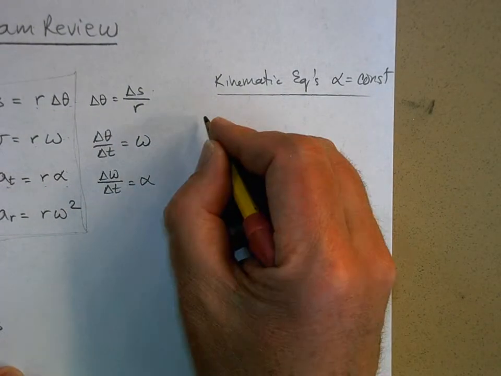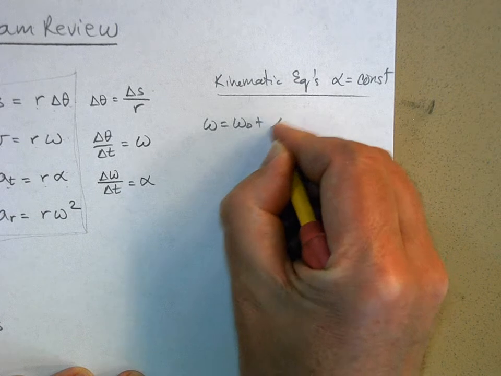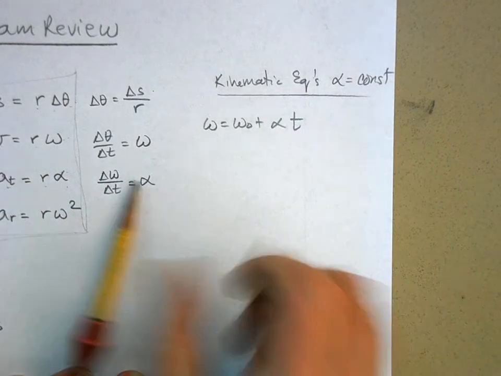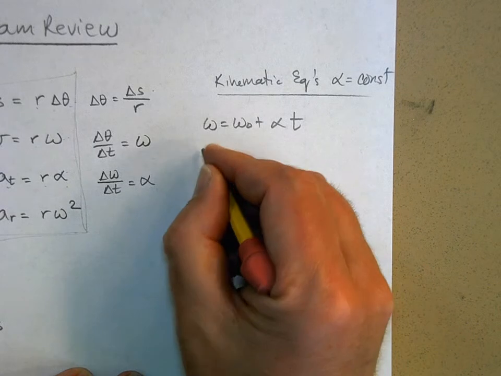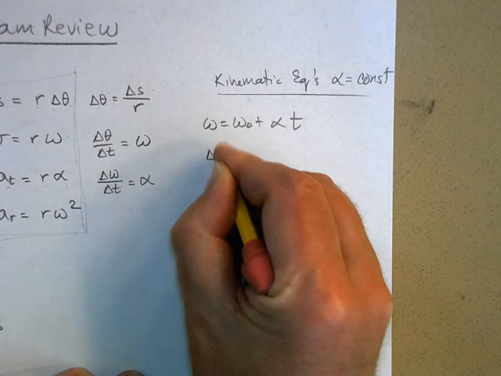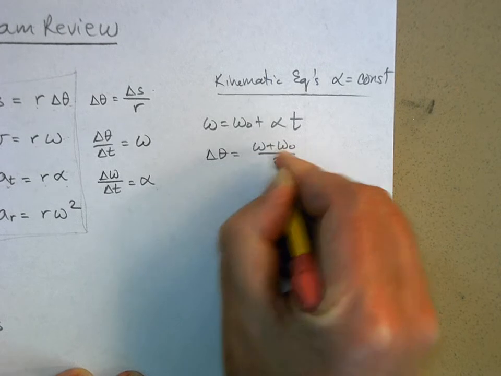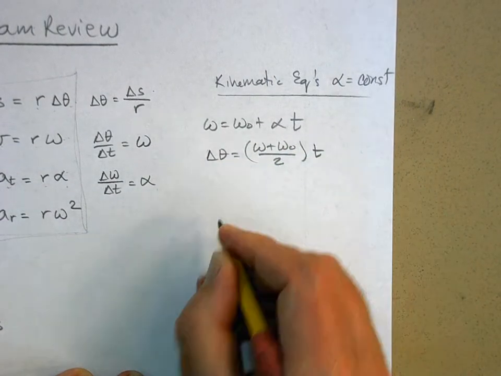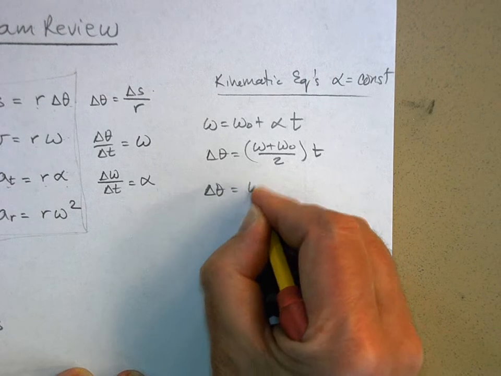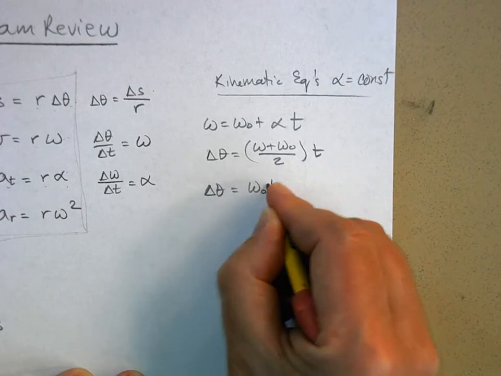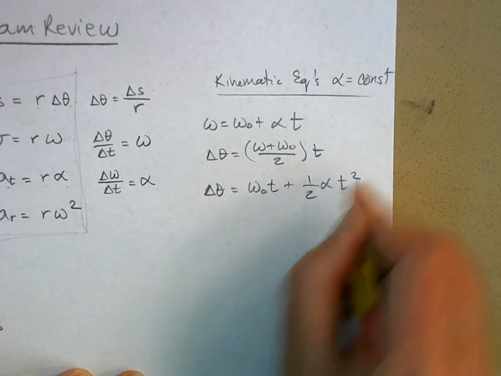Well, we had omega equals omega naught plus angular acceleration times time. This is if the angular acceleration is a constant. And then we had delta theta equals the average angular velocity times time. Then we had the change in angle is equal to the initial angular velocity times time plus 1/2 the angular acceleration times time squared.